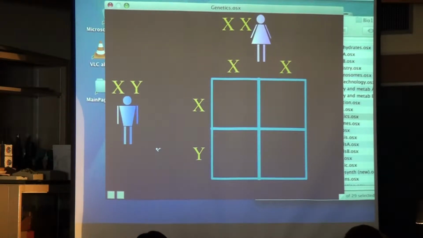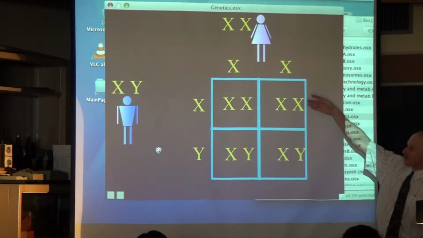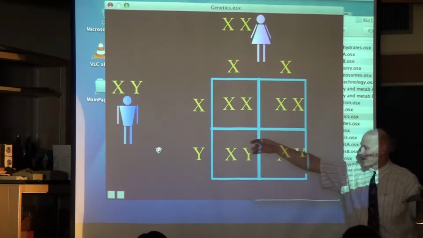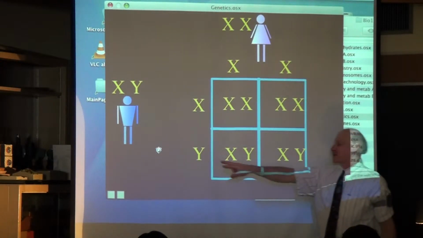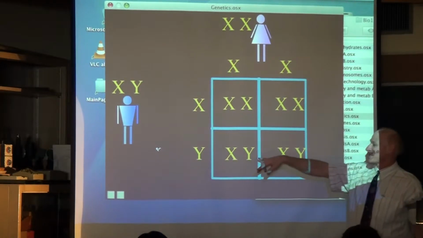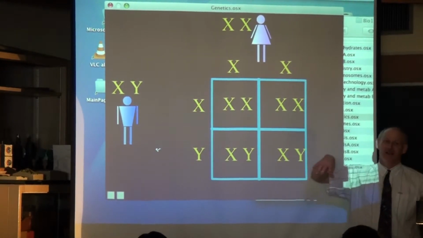And then when the eggs meet the sperm, there are the possible combinations, and so half the babies born are females and half are males, other than this slight thing I told you that the sperm carrying the Y chromosome are slightly lighter, and so there tends to be slightly more males born than females, but it's almost statistically insignificant.